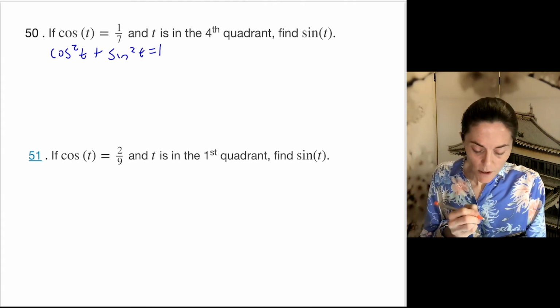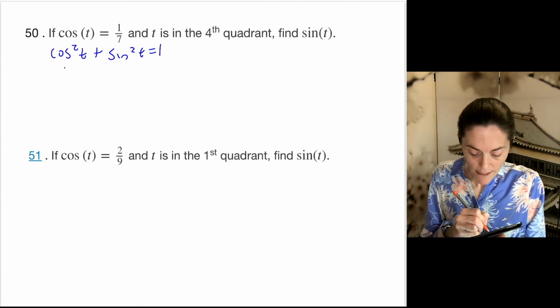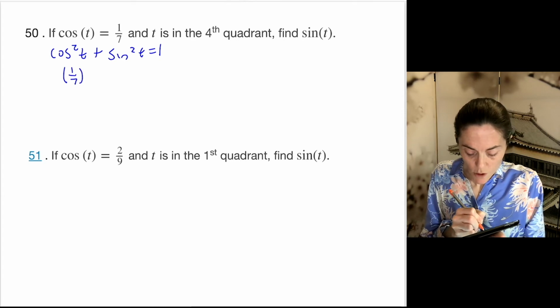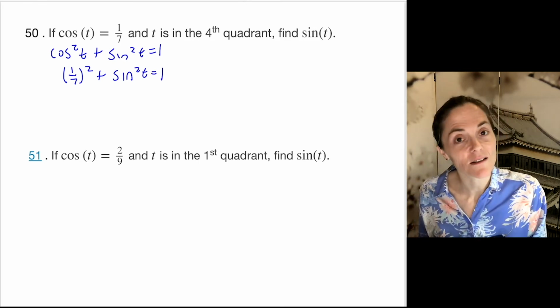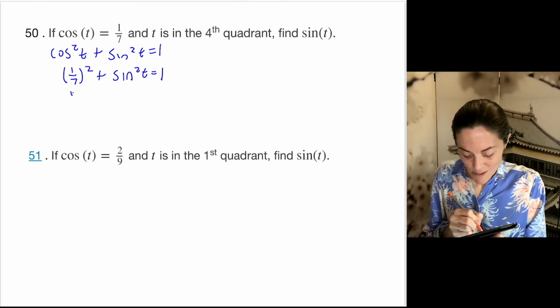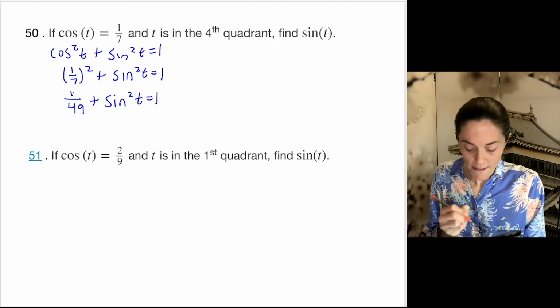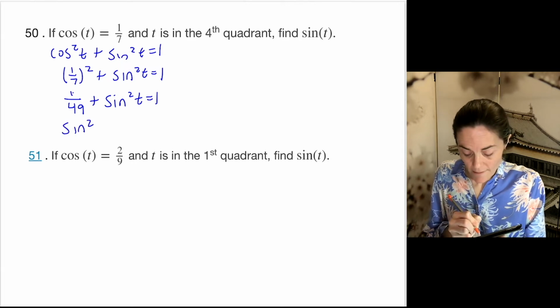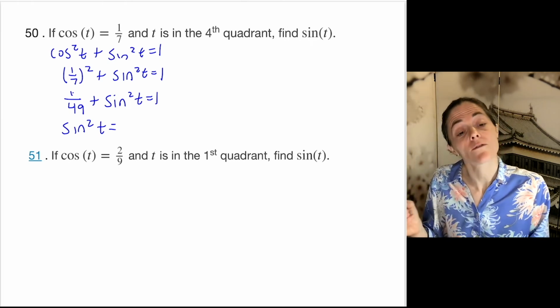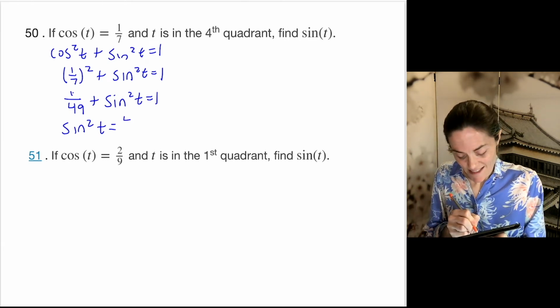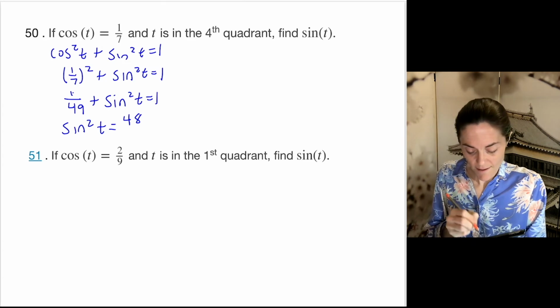Now, here we're told the cosine of t is 1 over 7. So we have 1 over 7 squared plus sine squared is 1. We can use this to solve for sine squared. This is 1 over 49. So the sine squared of t is going to be 1 minus 1 over 49, or let's see, 48 over 49.